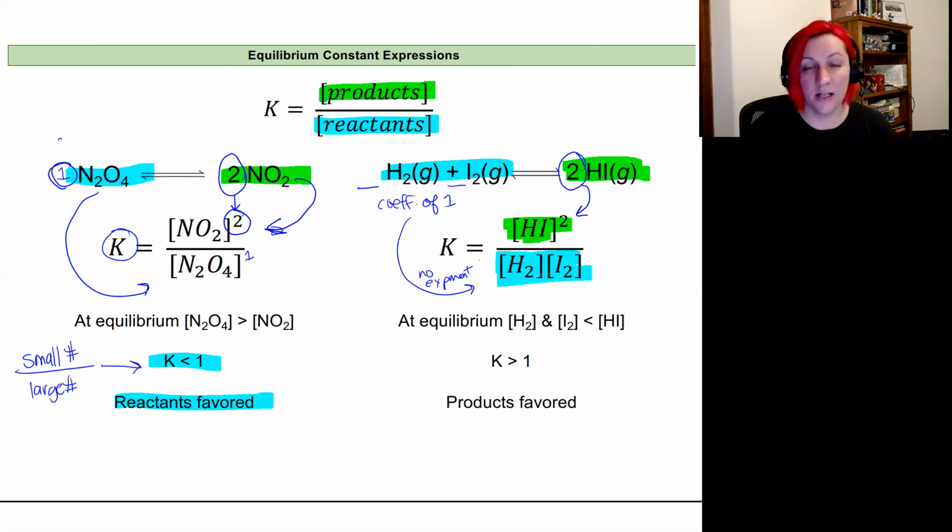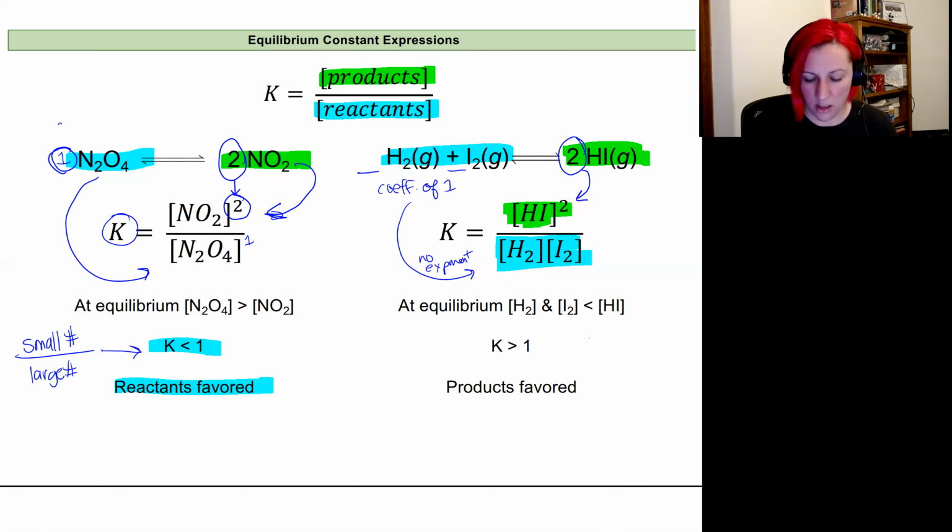So now we know from what we looked at before that we will have products favored, that our concentration of HI, our hydroiodic acid, will be larger than the hydrogen or the iodine. And so when I set up this expression, I'm going to have a larger number on the top divided by a small number. And that's always going to produce an equilibrium constant that's larger than 1.